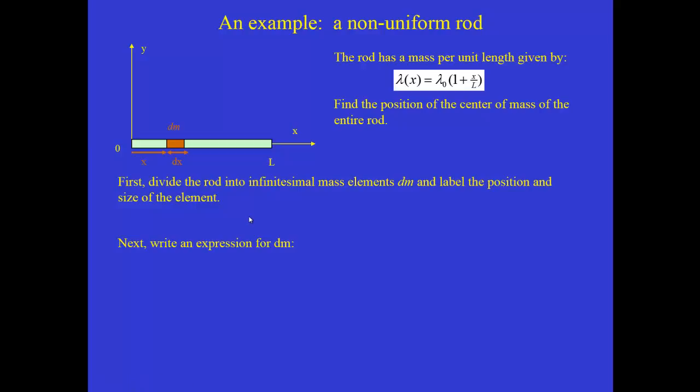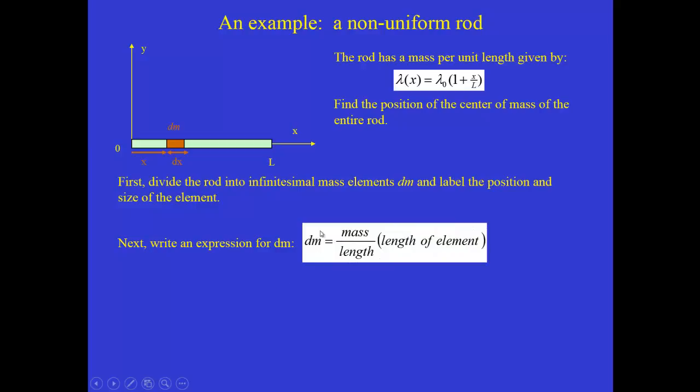So next, we'll write an expression for the differential amount of mass, the infinitesimal amount of mass associated with that mass element, dm. How do we do that? Well, dm is going to be the mass per unit length of the entire rod multiplied by the length of this element, right? And the length of the element is dx.